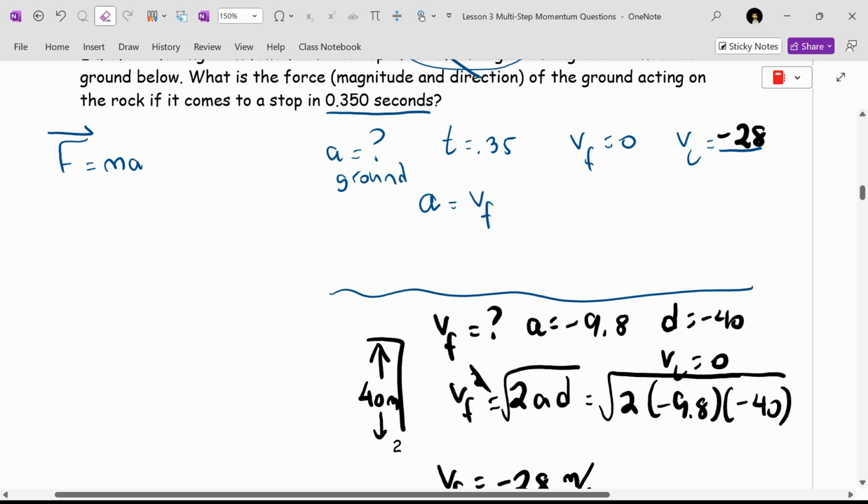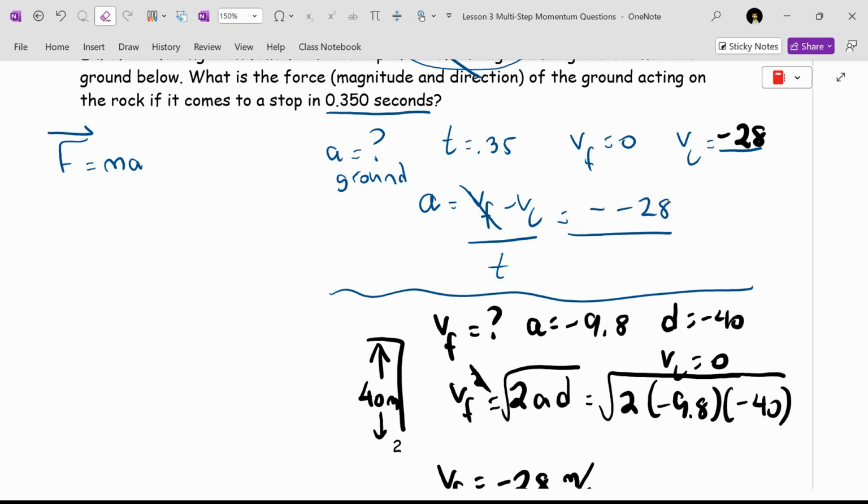The VF would drop down like a domino. I'll cross it out as a 0 in a second, but I'll keep it there temporarily. Minus VI all over T. Yeah, that's a 0. So it's going to be negative 28 all over 0.35.